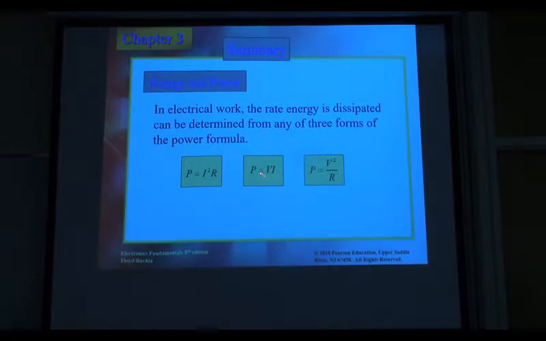So you replace this V with I times R, then that gives I squared times R. And if we replace the current using Ohm's law, current equals V over R, then we have another V here, so that's V squared over R. So you only need to memorize this one.